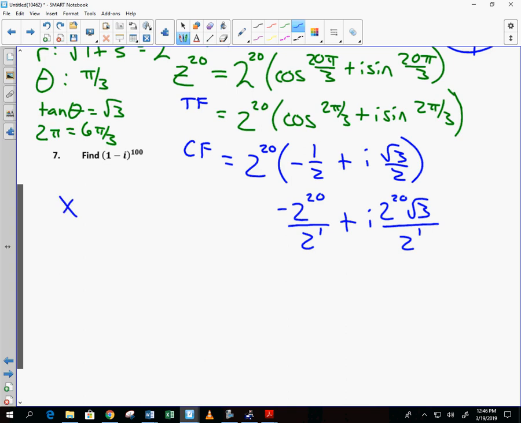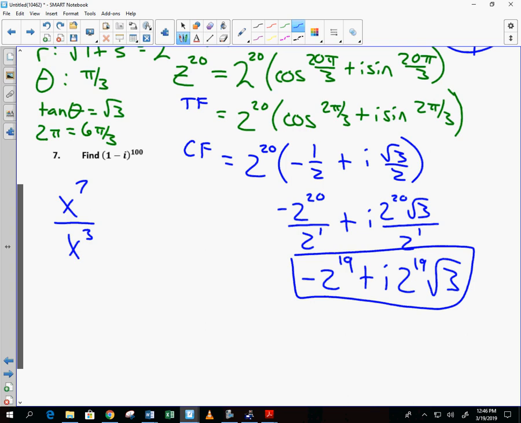If I have x to the 7th over x to the 3rd, that's the same as x to the 4th. So 2 to the 20th over 2 to the 1st is 2 to the 19th. Yep, so I have negative 2 to the 19th plus i times 2 to the 19th root of 3. That one's kind of ugly, isn't it?